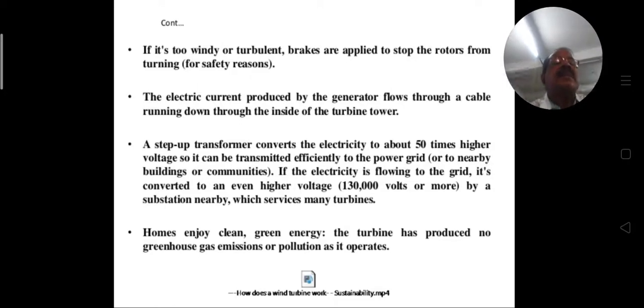For example, in cyclone time, when the wind is very high speed and turbulent, the brake system is on, and for safety the brakes are applied to stop the rotor from turning. That is, the speed of the shaft is controlled by this brake when the wind is turbulent.